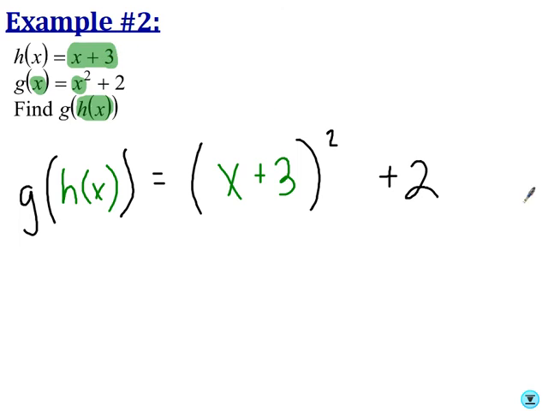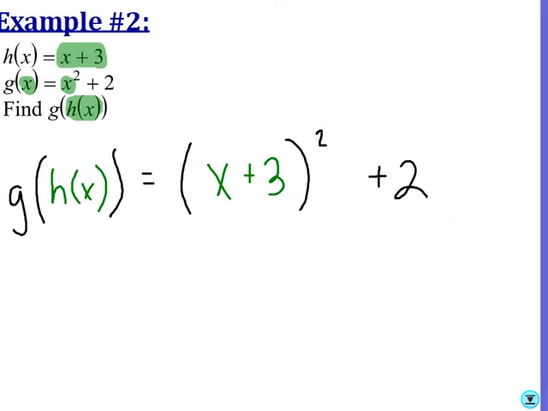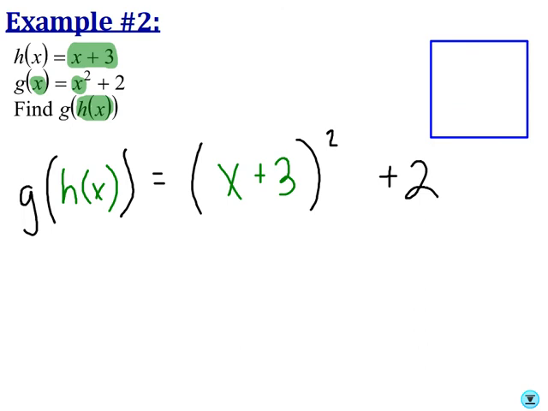Now, what you should be thinking is x plus 3 quantity squared. You're right, we're going to have to do a box. So we're going to do a nice box over here. Ta-da! We'll just keep it green. It'll be okay.